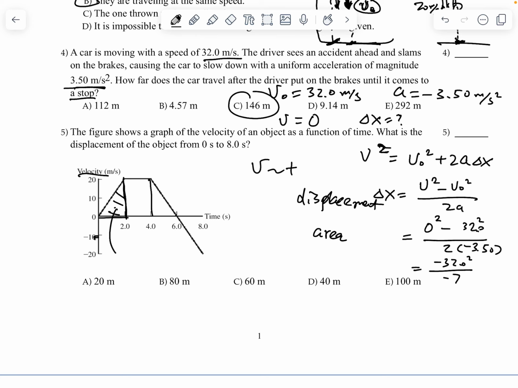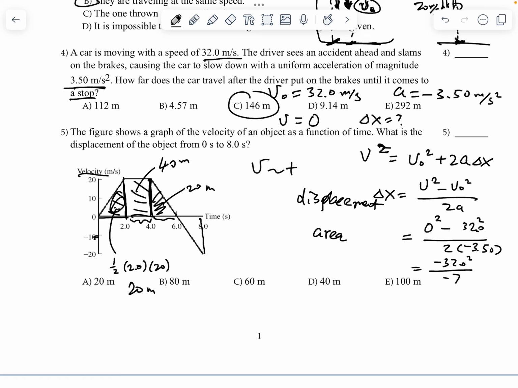Because it's a triangle, it's half of 2.0 times 20, so this is 20 meters. Then this area: the length is 2, the height is 20. 2 times 20 is 40, and this is a rectangle, so this is 40. The same goes for this area: 2 times 20, and half of that, so this is 20 meters.